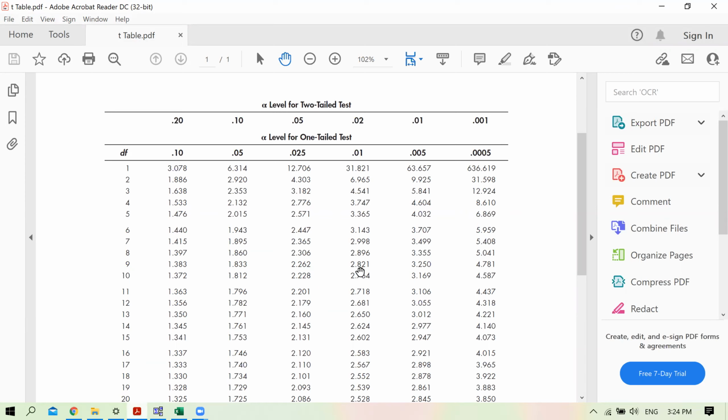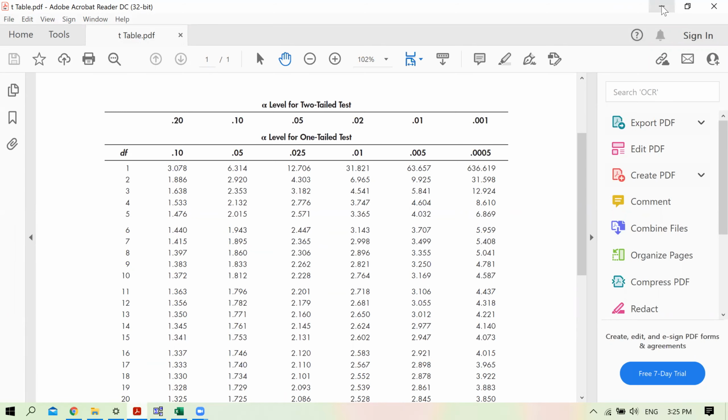So we can go across to find a value closer to what we calculated, 3.12. We can see that it's closer to 3.25, and the probability of finding a value like 3.12 is closer to 1%.